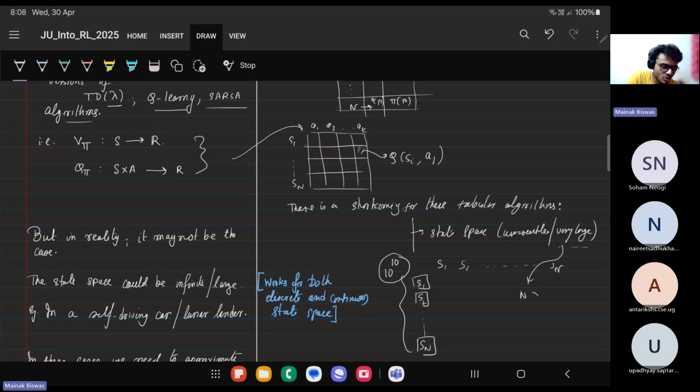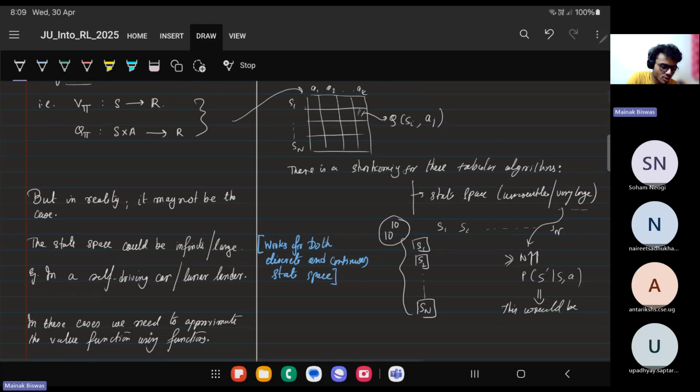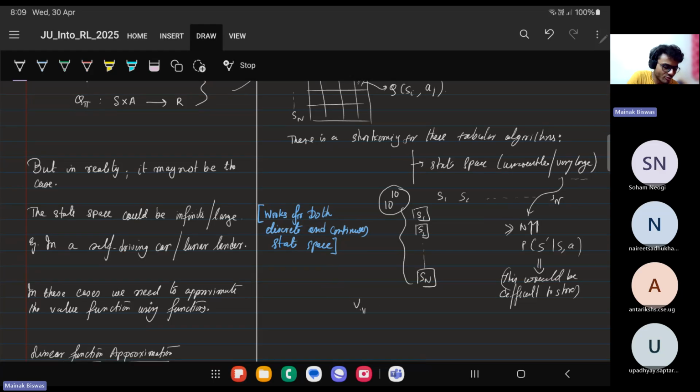So if n is very, very high, the probability distributions would be difficult to store. Similarly, storing v pi of s and all the pi policies of s is going to be a cumbersome procedure. So why will it happen?